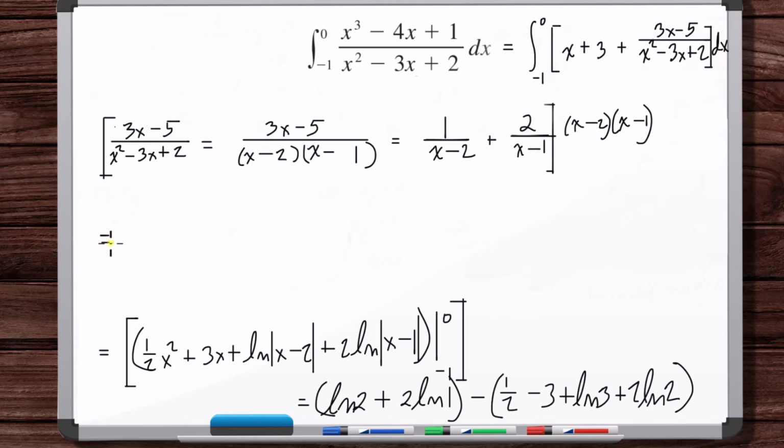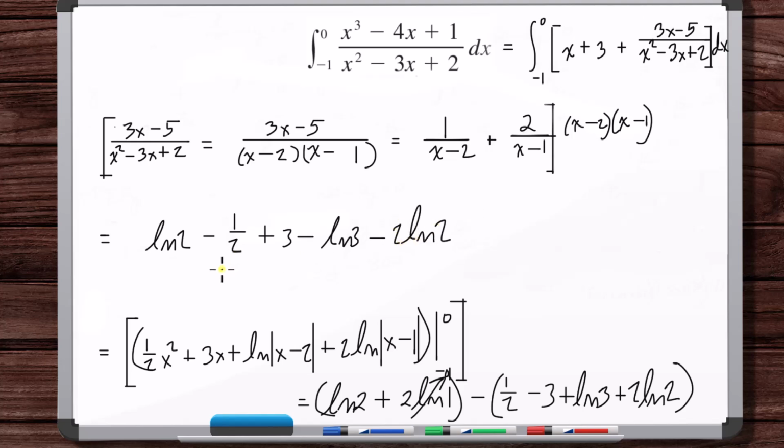Okay, so natural log of 2, natural log of 1 is 0, minus 1/2 minus 3 plus natural log of 3 plus 2. Wait, no. Minus 1/2 plus 3 minus natural log of 3 minus 2 natural log of 2.